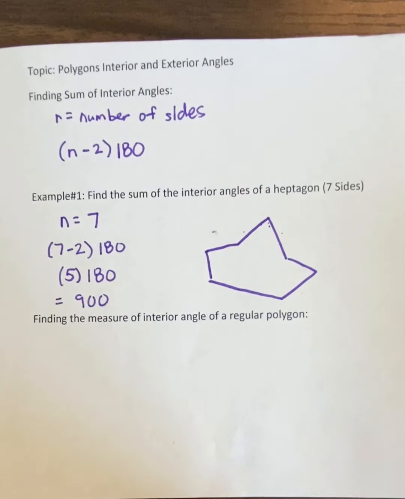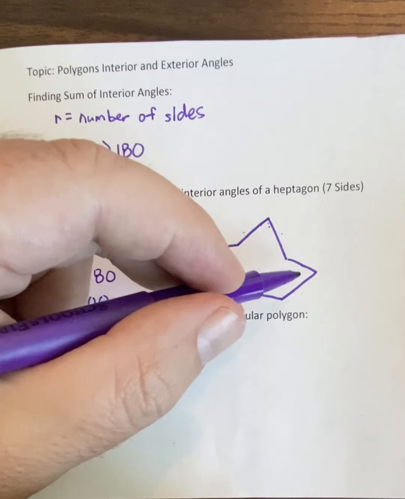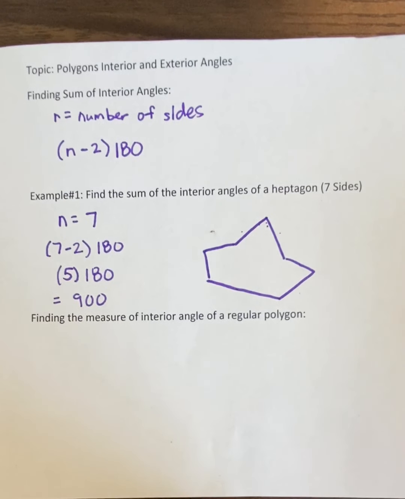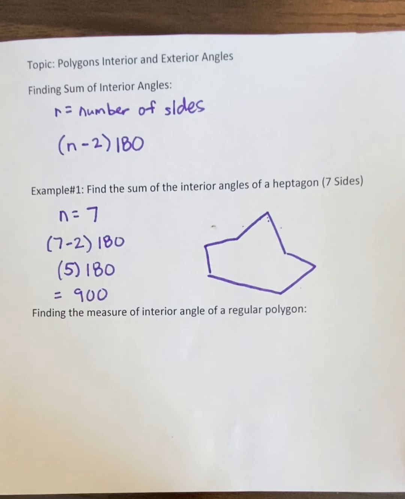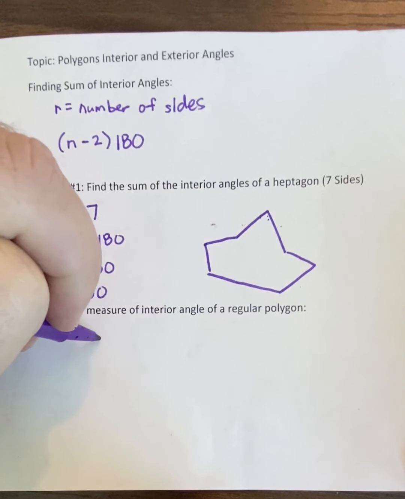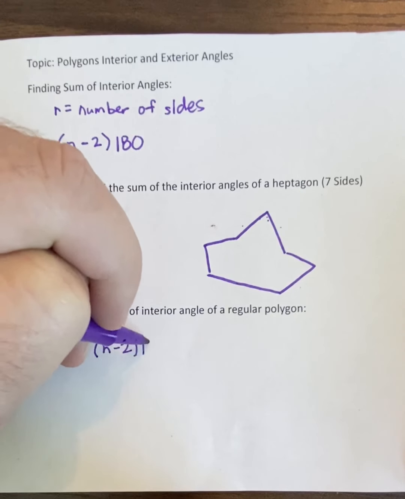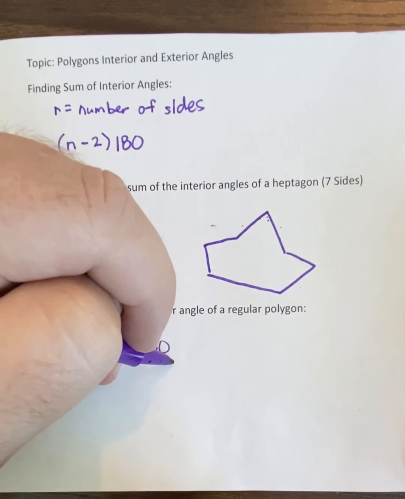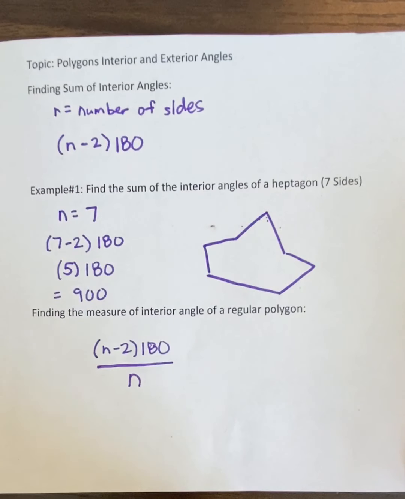Okay. So with a regular polygon, all the interior angles are going to be the same, as well as all the sides. And so you would use the same formula, n minus 2 times 180, but then you would divide by the number of sides, n.